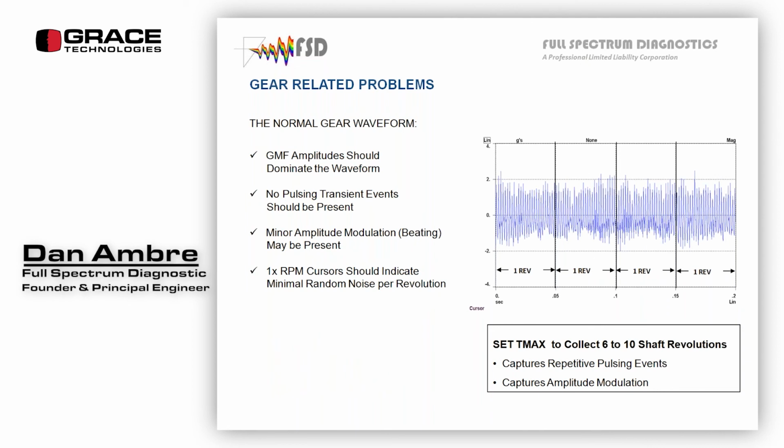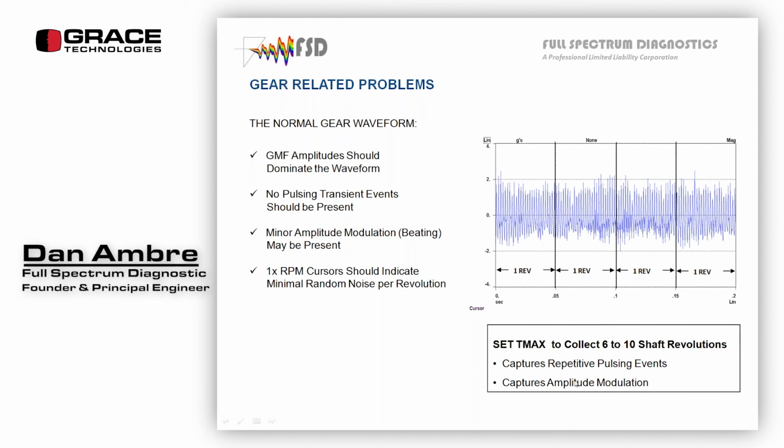Normal gear waveform, and this is a fairly good modulating gear, slight imperfections in the blades. I can go into my time waveform, and this is 1 revolution, 2 revolution, 3, 4. So I'll get a repeating pattern every revolution, and there won't be any transients to speak of. It's a pretty constant waveform.